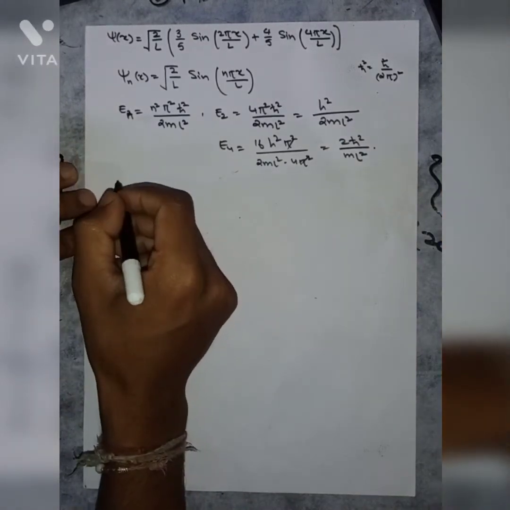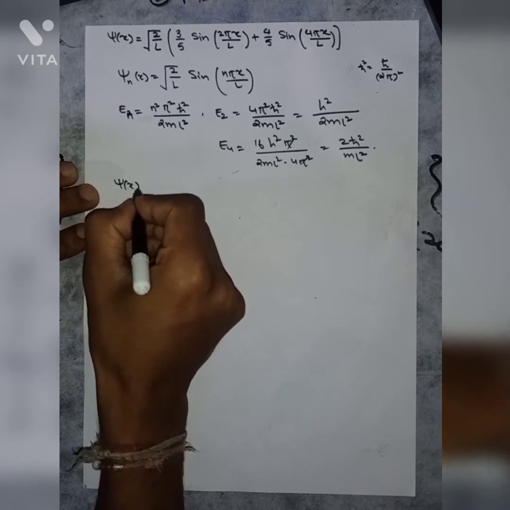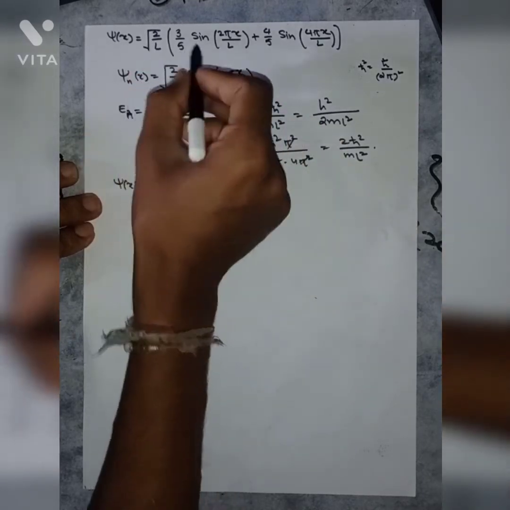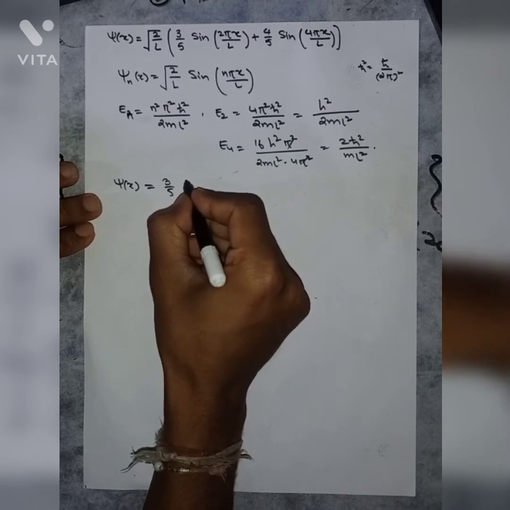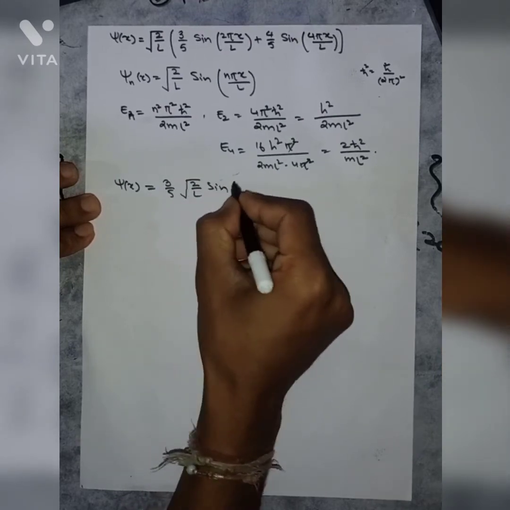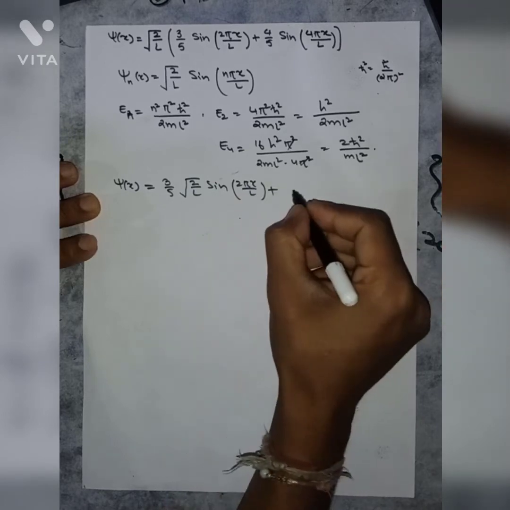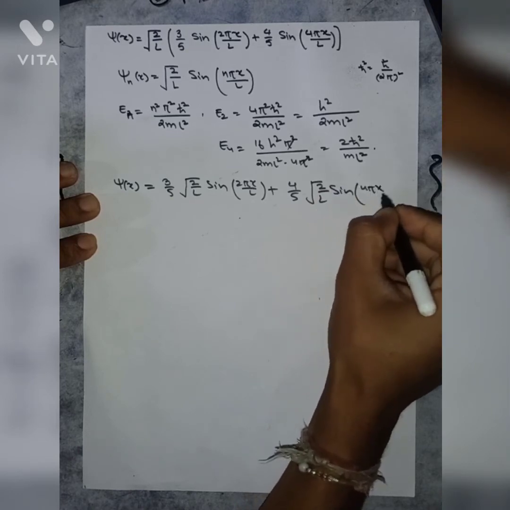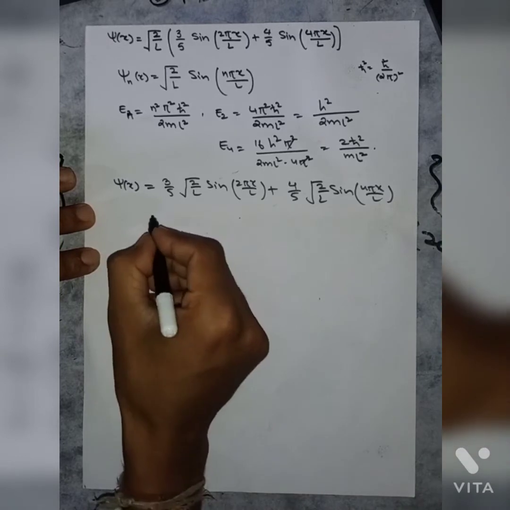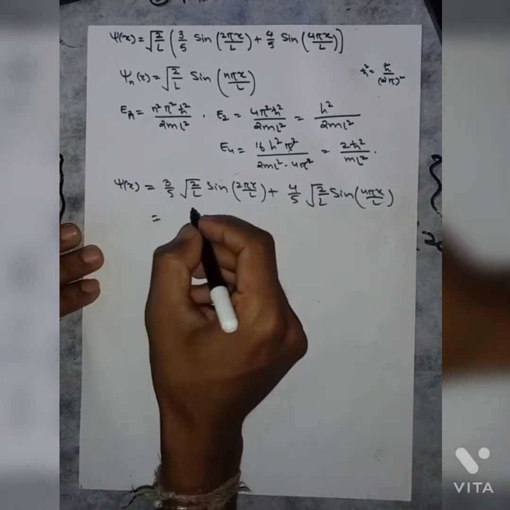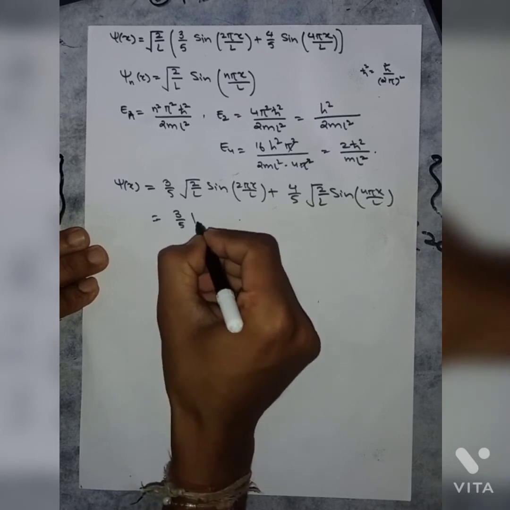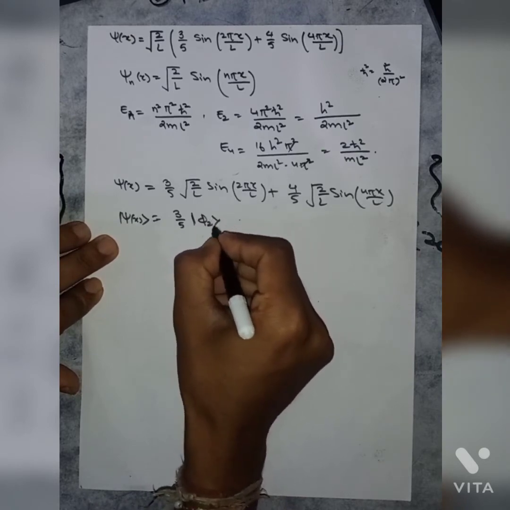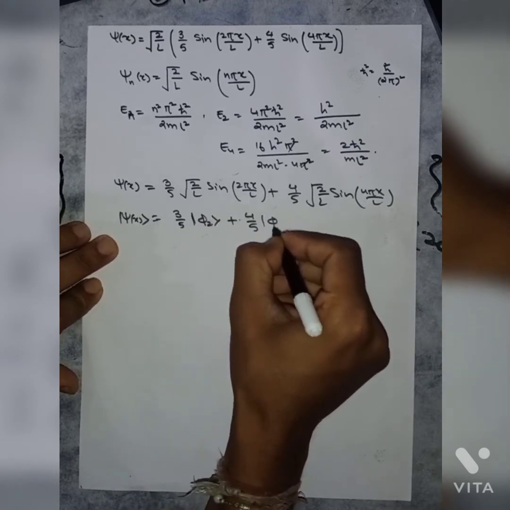But this psi x can be written, with respect to this generalized wave function, as 3 by 5 under root 2 by L sine 2 pi x by L plus 4 by 5 under root 2 by L sine 4 pi x by L. Right, I have distributed this 2 by L. So this will be 3 by 5, and this is nothing but phi 2 plus 4 by 5 phi 4.